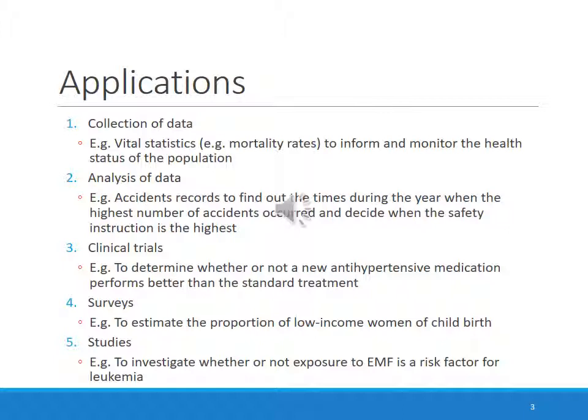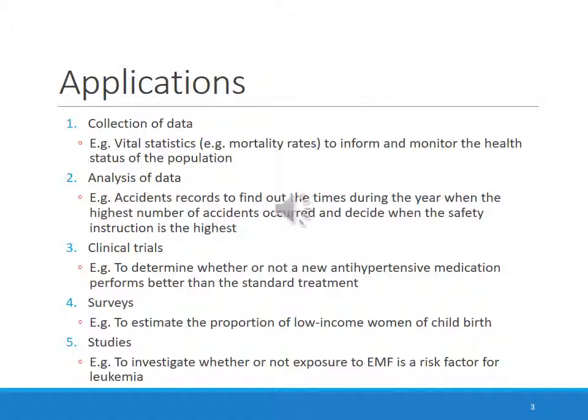3. Clinical trials. Example, we want to find out if a new antihypertensive drug performs better than the standard treatment. We can perform a clinical trial, analyze the data obtained from these trials, and interpret them to make conclusions to say if the new drug is better or not. 4. Surveys.